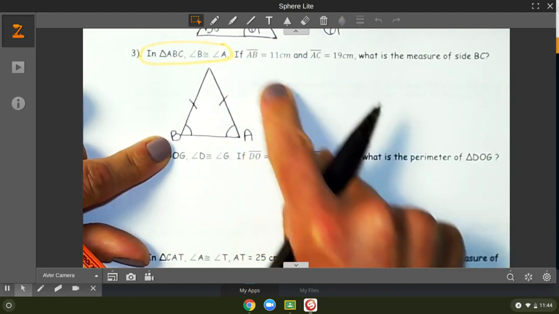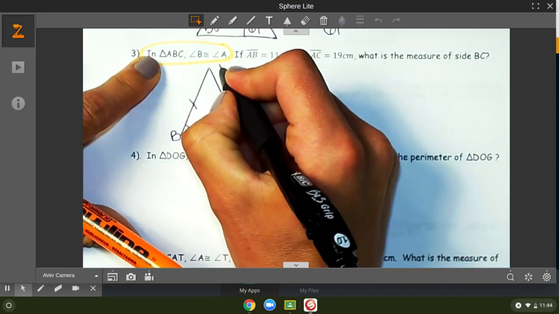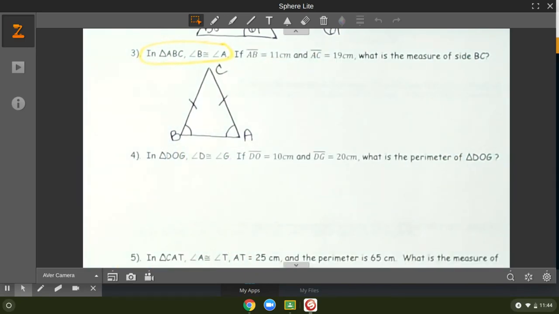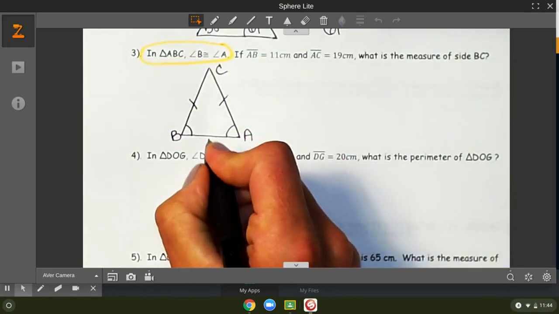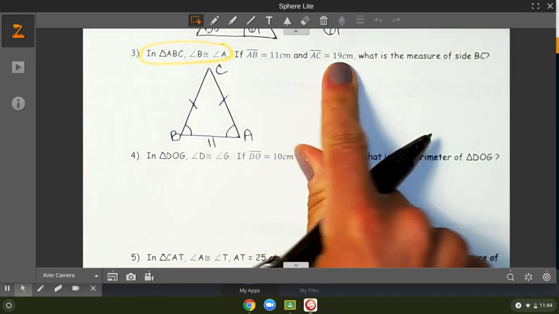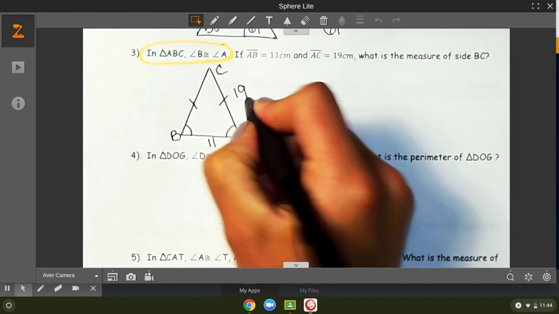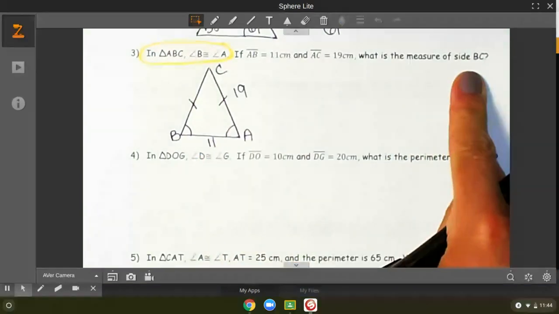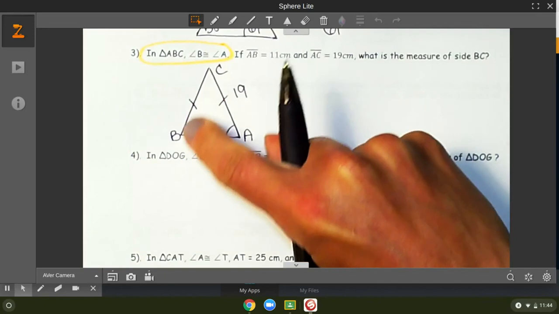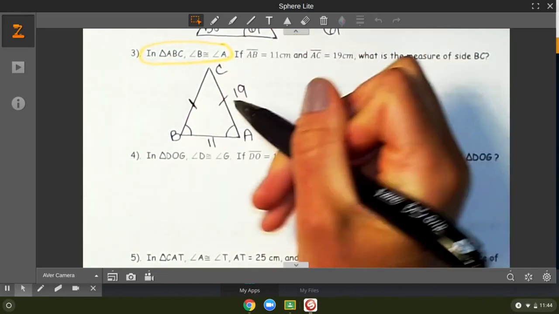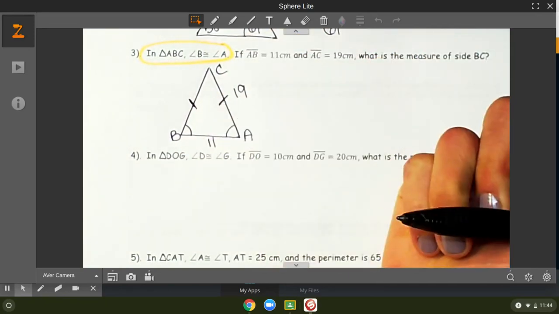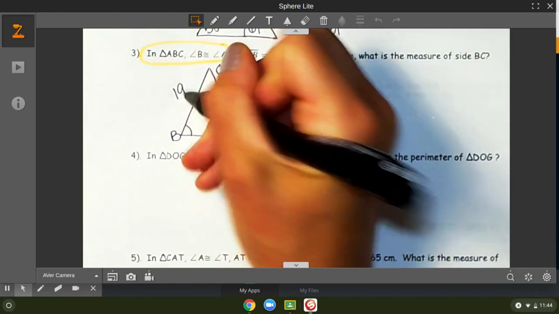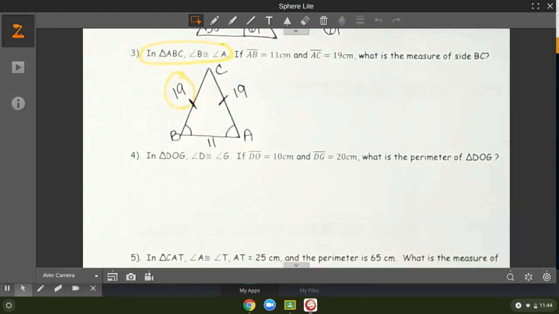So the only letter left for the top is angle C. All right, let's fill in a little bit more. AB is 11 and AC is 19. So what is the measure of side BC? Well, let's look carefully. Side BC has a dash, which means it has to be equal to the other side with a dash. So that means side BC is 19.